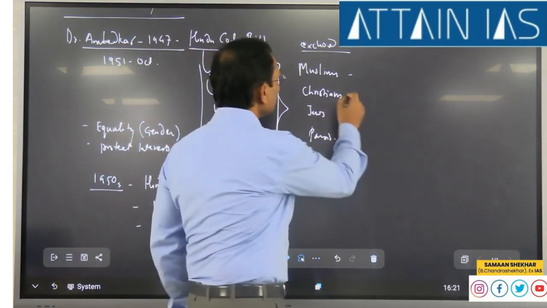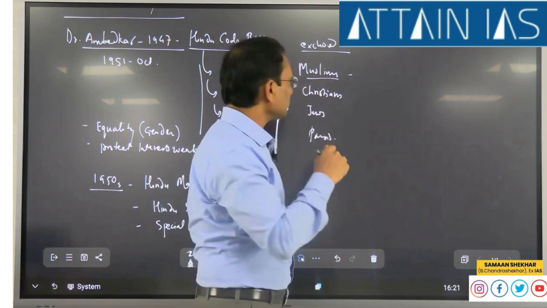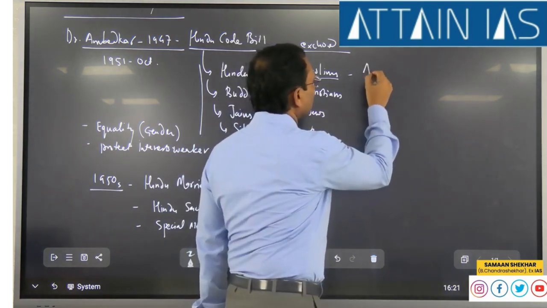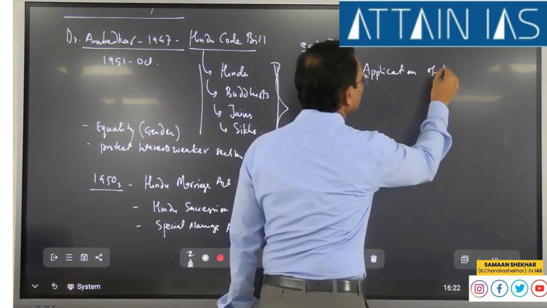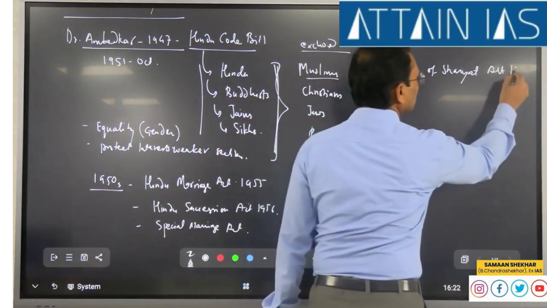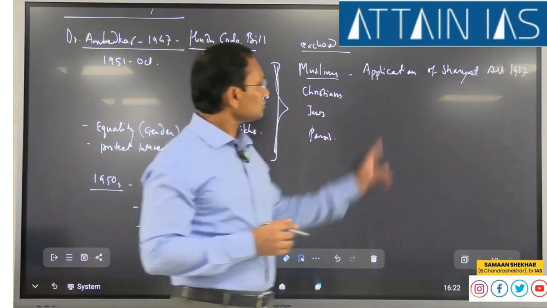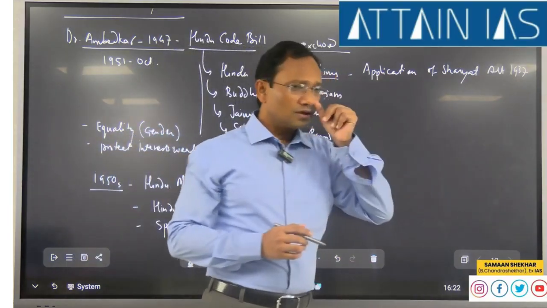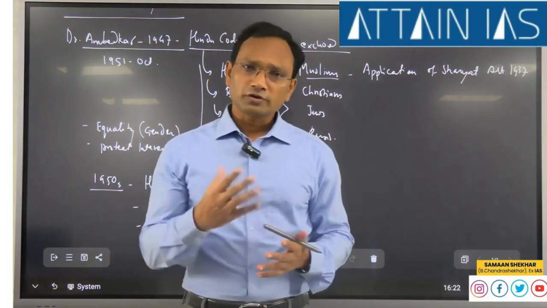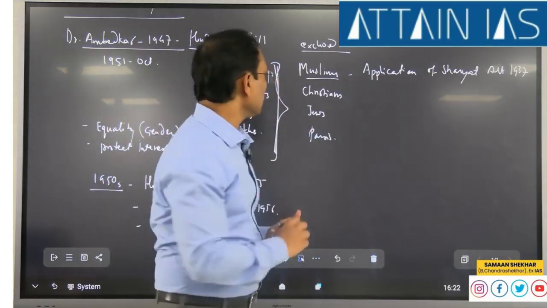For example, Muslims were being governed at that point, and even today to some extent, by something called the Shariat Application Act. This was an act brought in by the British, which made the application of Shariat a personal law to govern these aspects for the Muslims.